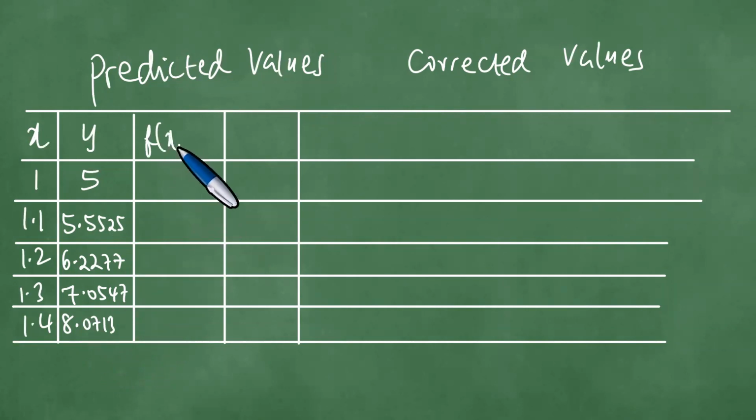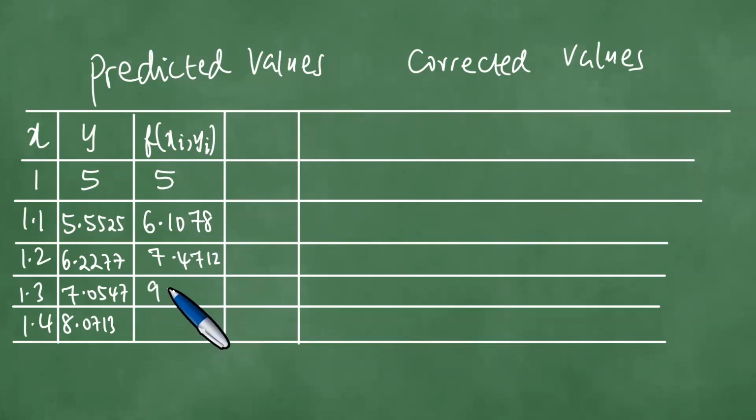And then you have f of xi, yi, and this is 5, this is 6.1078. You can write it like this, but you can always jump and put some values in the middle of the table. I'm going to elaborate on that, but this is much more compact. And then now you have 9.1711.